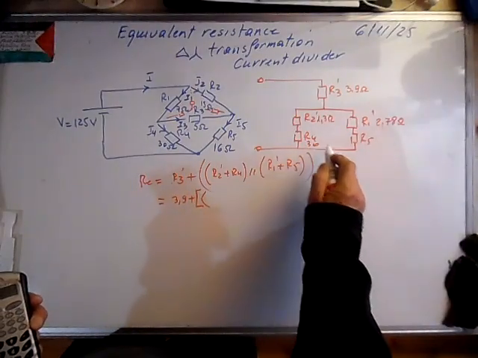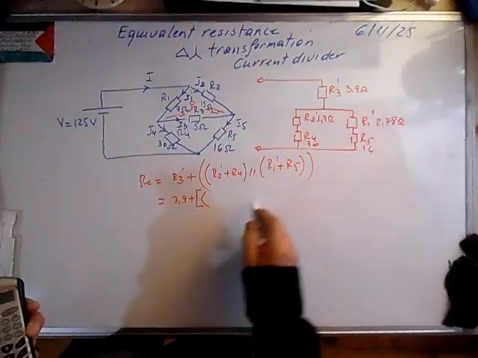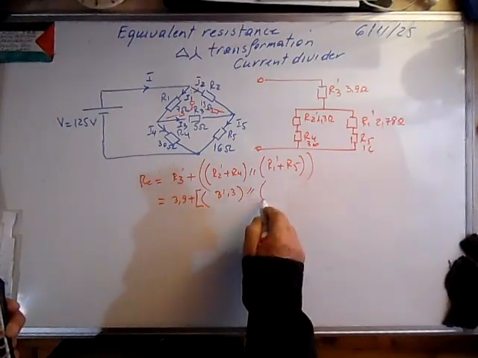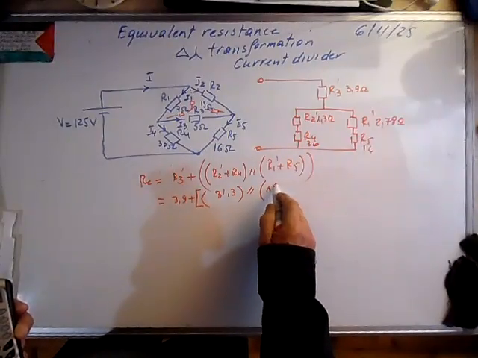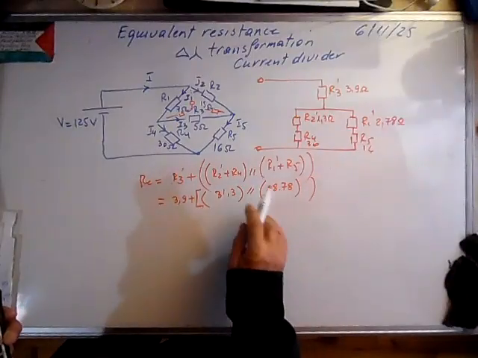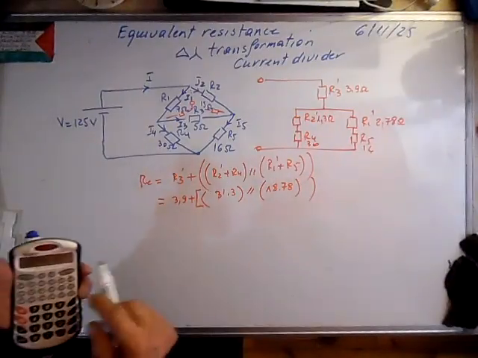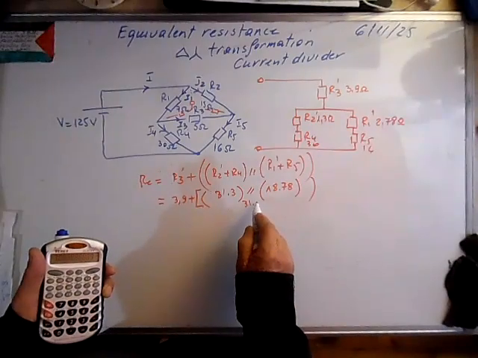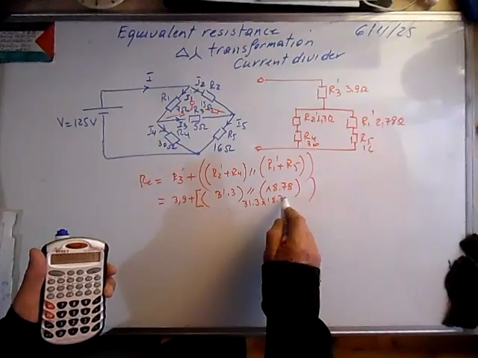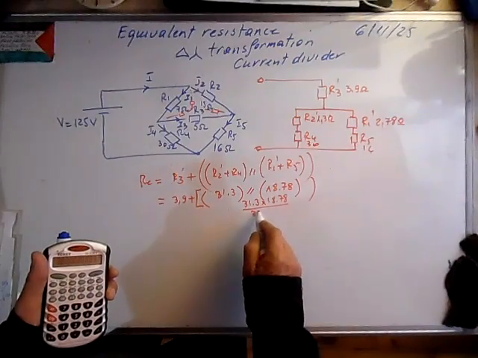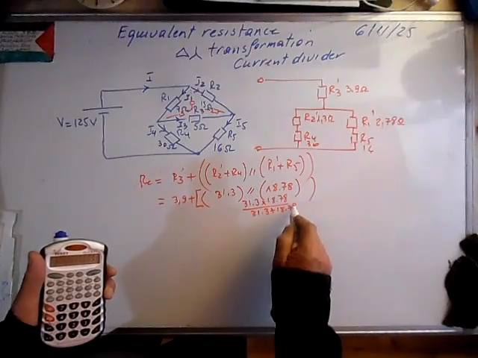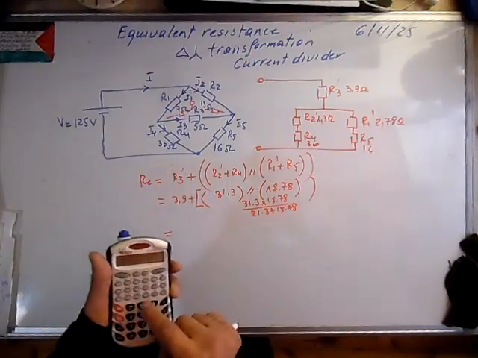R4 is 30, so it's 31.3, in parallel with 18.78, and these two will give us 31.3 times 18.78 over 31.3 plus 18.78.